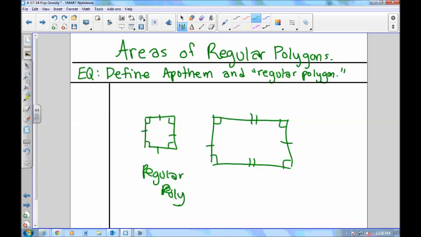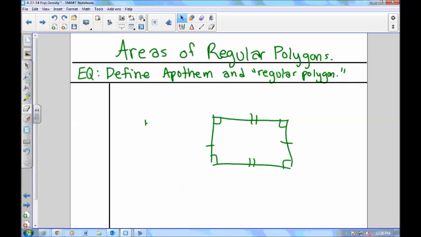What makes a square regular and the other rectangle not? All sides have to be congruent. And all angles, which in both here already are congruent. So regular polygon, make sure when you're drawing them that you're trying to get the sides to be all congruent.